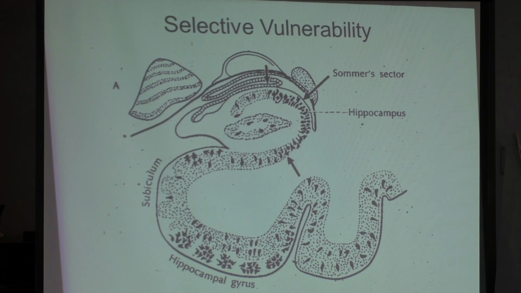But the first place to be involved, the area most earliest affected in the disease process, is called the hippocampus. It is developmentally, or phylogenetically, one of the earliest parts of the brain, at least in the human.